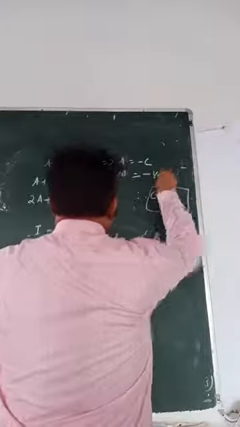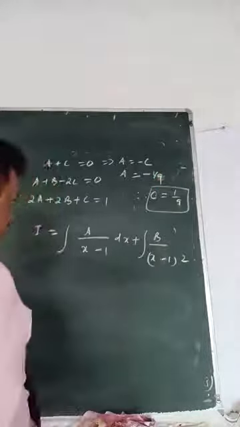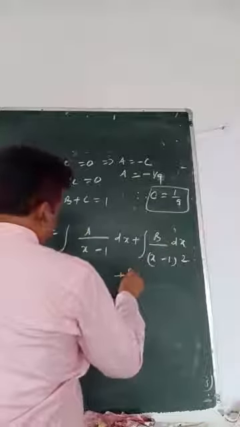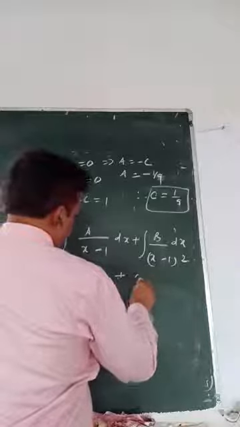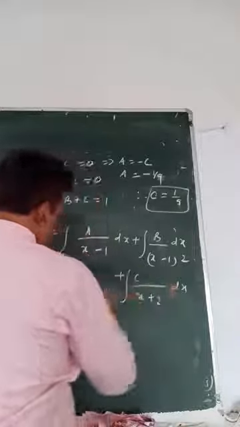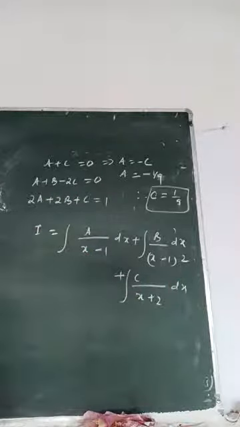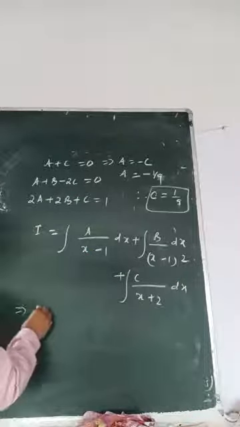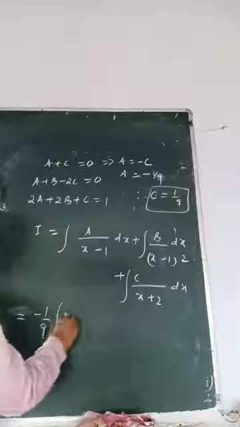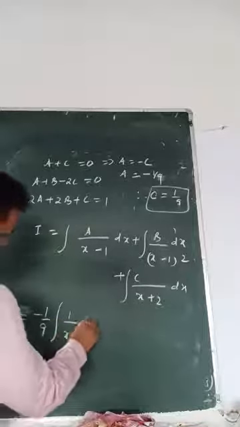So 1 by 9, c by x plus 2 dx. Put all the values. A is minus 1 by 9, 1 by x minus 1 dx.